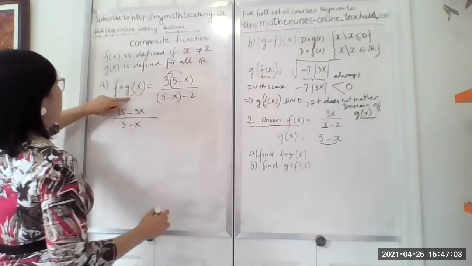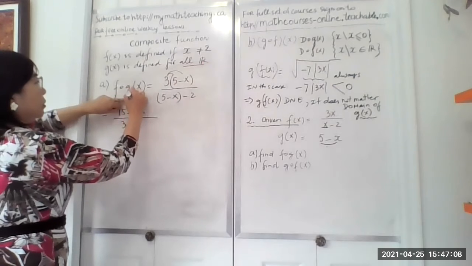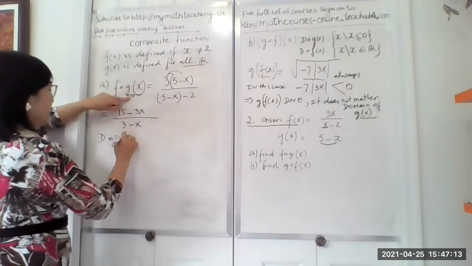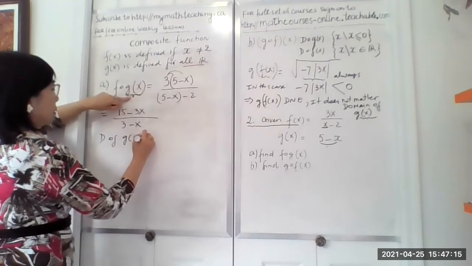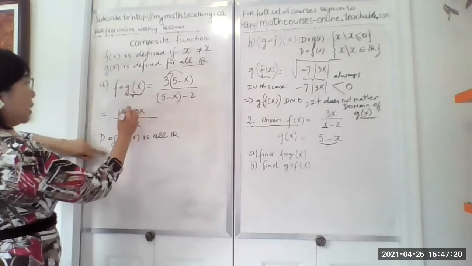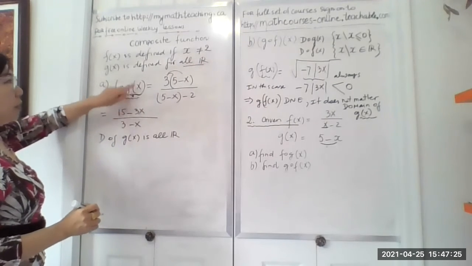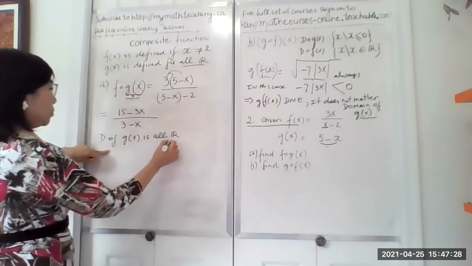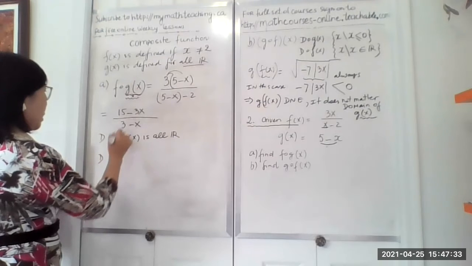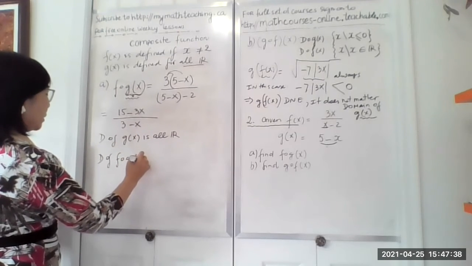First, we know the domain of g(x) is all real numbers. That's the important thing. So first we have to find the restriction for the domain of the inner function. The domain of g(x) is the real numbers. Now we find the domain of the composite function, f of g of x.